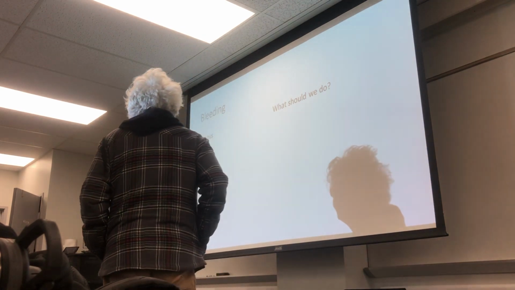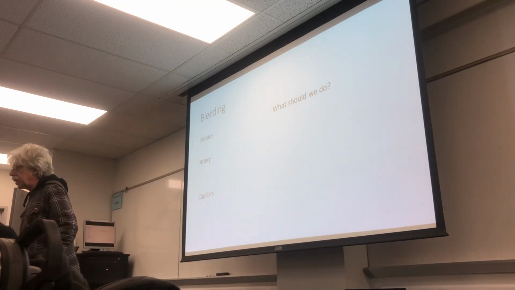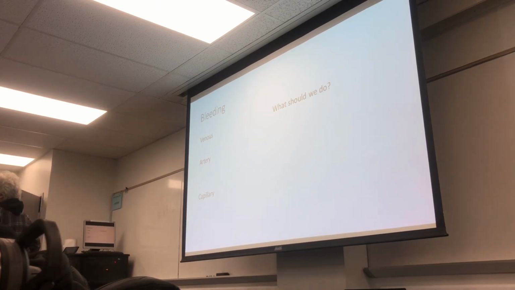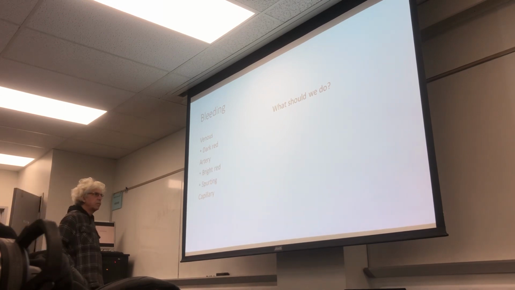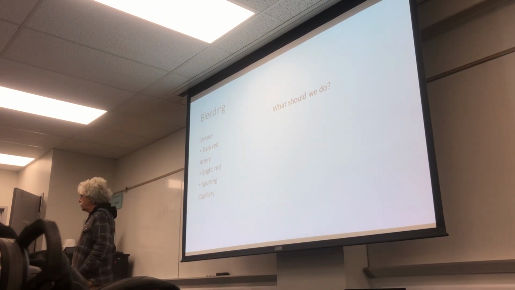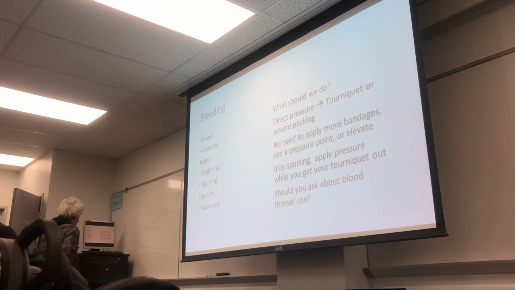Okay, difference between venous, arterial, and capillary bleeding. Venous bleeding is a steady flow of dark burgundy blood. Arterial is a pulsation of bright red blood. And capillary bleeding is basically the oozing, it's a typical owie. What should you do?